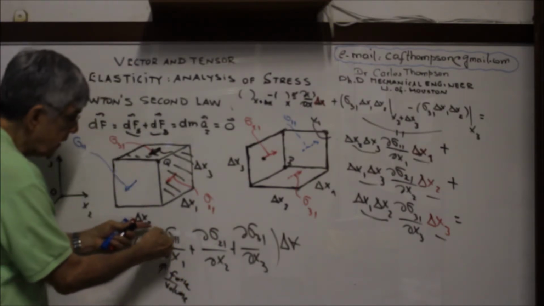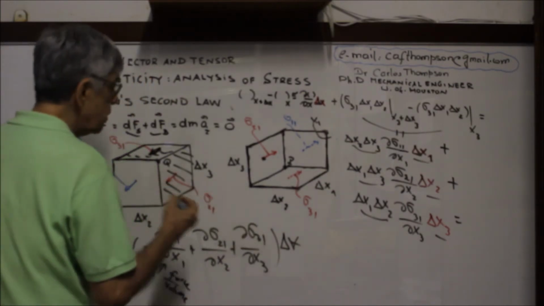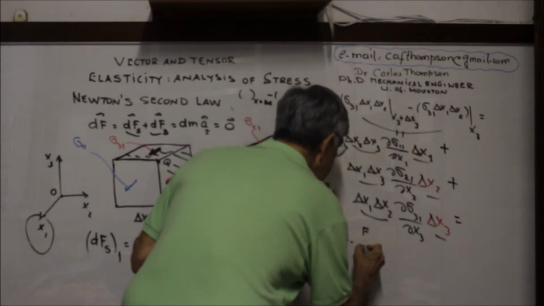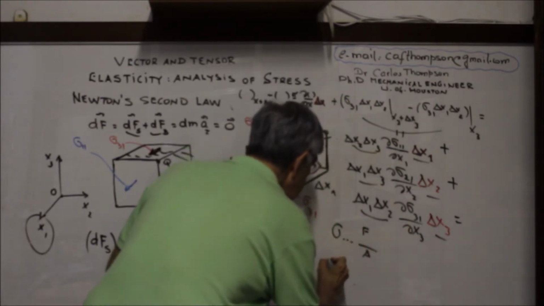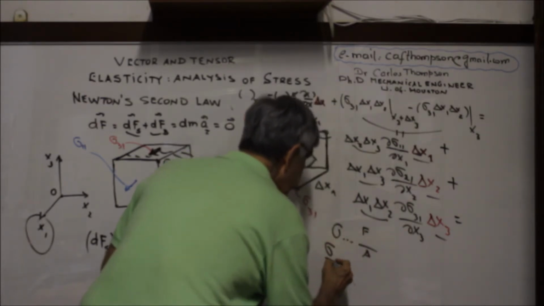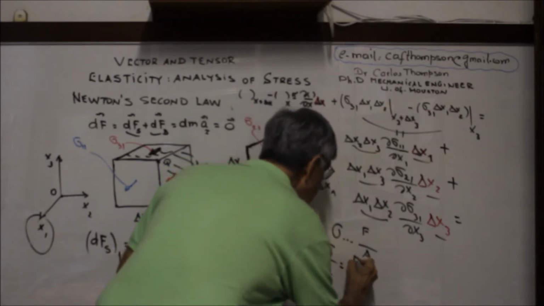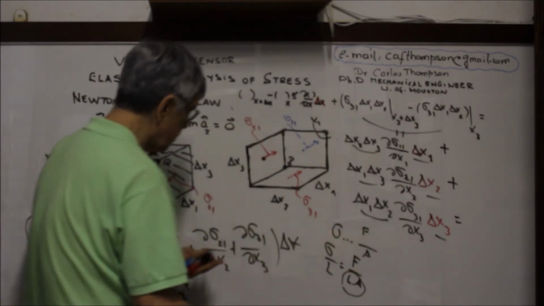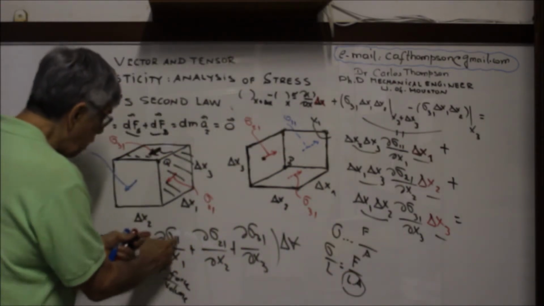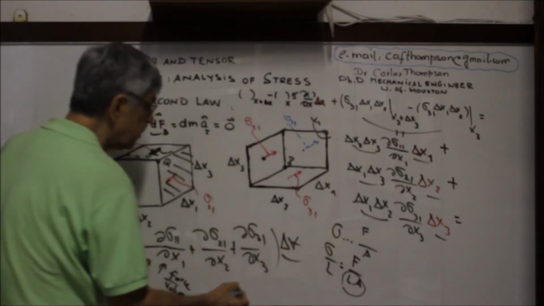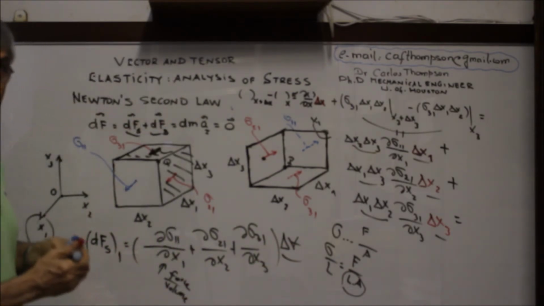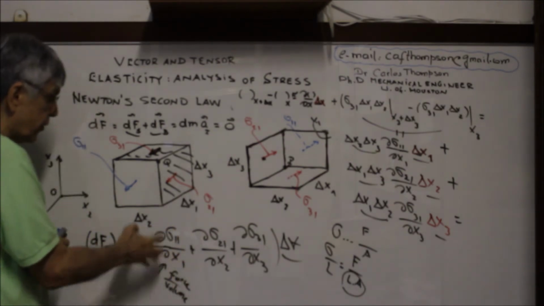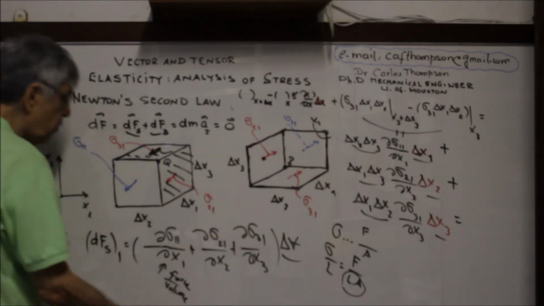You see, because sigma is force by area. Now, sigma over length will be force over length times area. Length times area is volume. So this is force by volume. Force by volume times volume is force. It's okay. So, the derivative of sigma with respect to a length, x1 or x2, is force by volume.